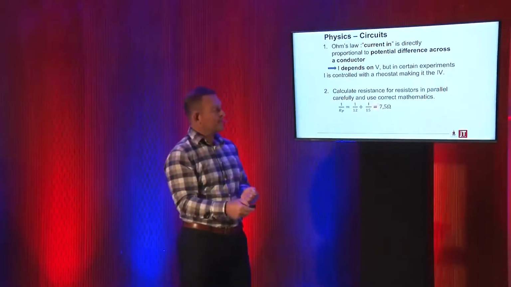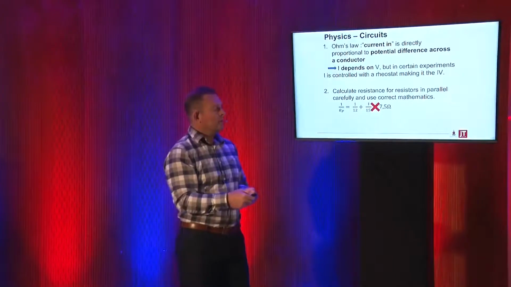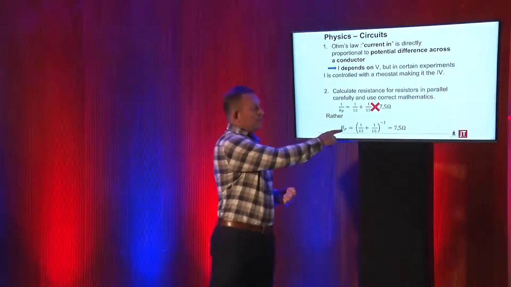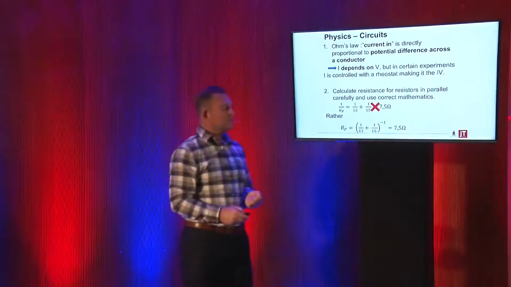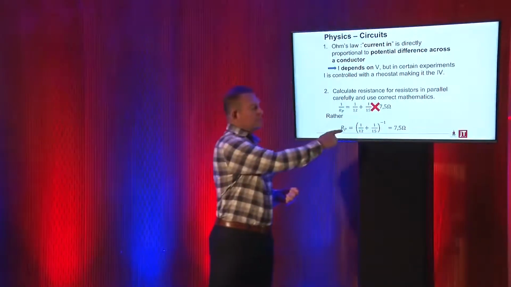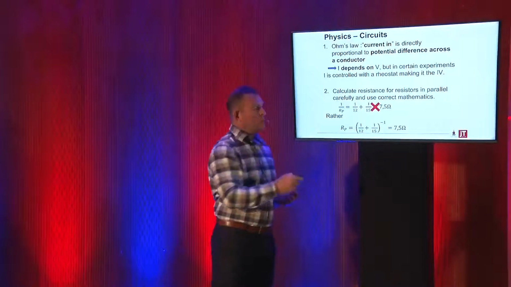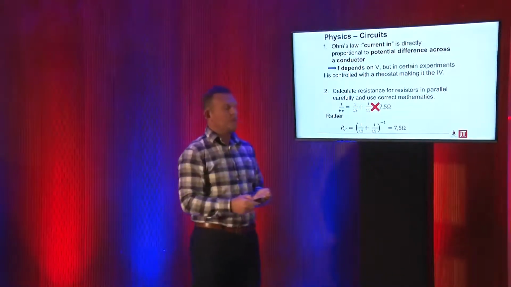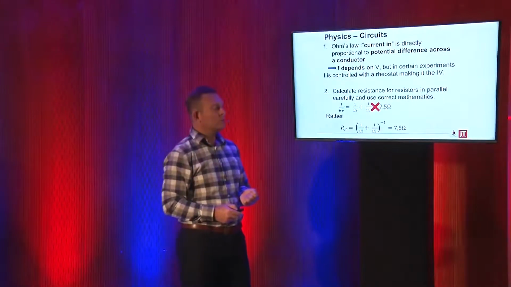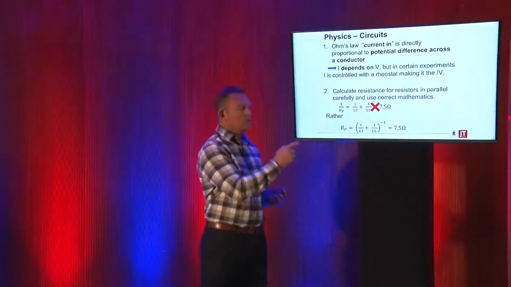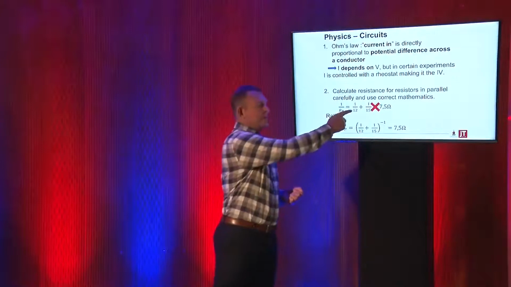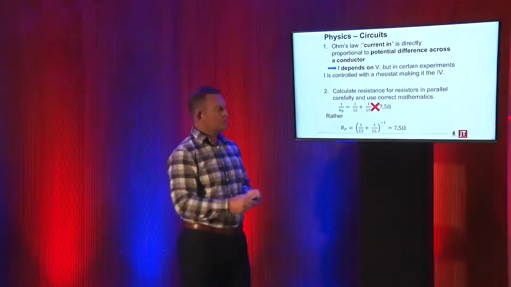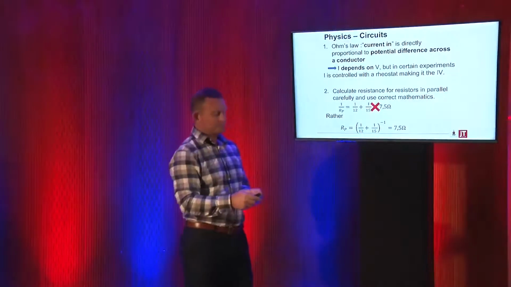We'd rather say that Rp, where we put the parallel resistance on the top, is equal to the inverse of 1 over R1 plus 1 over R2. And that does, in fact, give you 7,5 ohms. So you would lose your marks because the mathematical step is incorrect in the first way we have dealt with it.